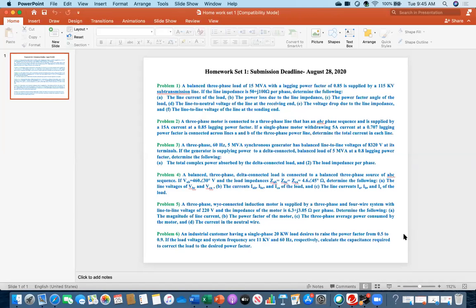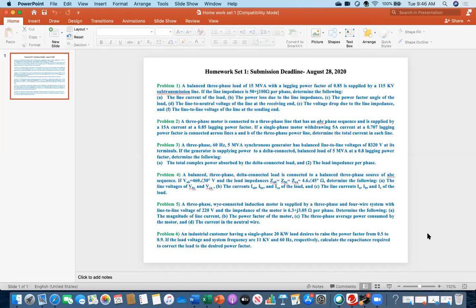Yes. And everybody, as I mentioned in the email, I have created a Dropbox. I think you might have noticed. When uploading the homework, first you will be solving on a piece of paper. For example, there are 6 problems, so you might need 6 pieces of paper or more.